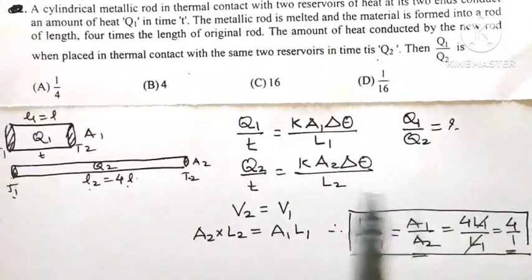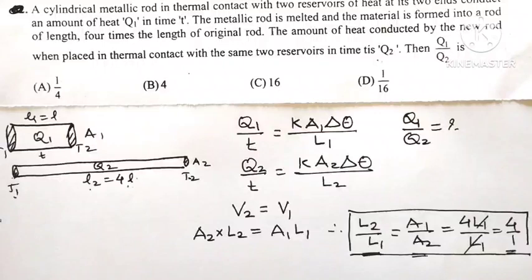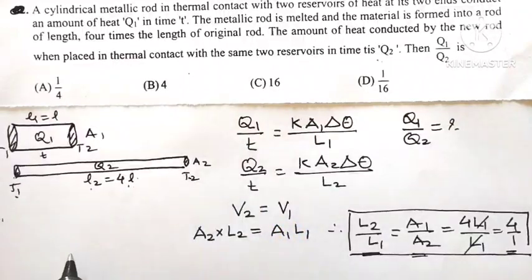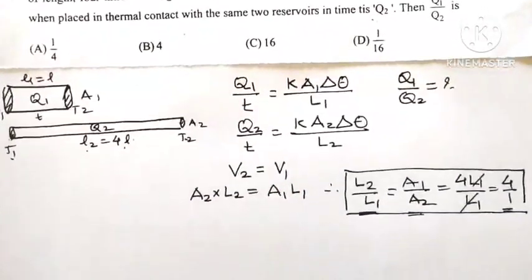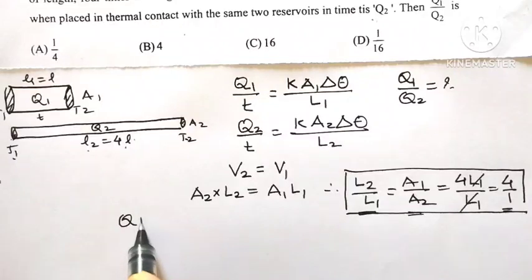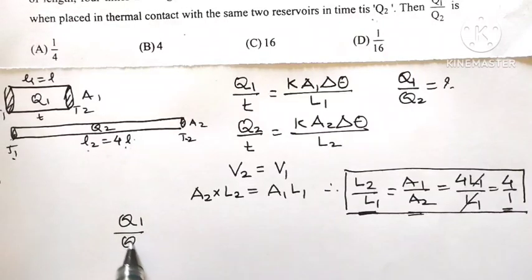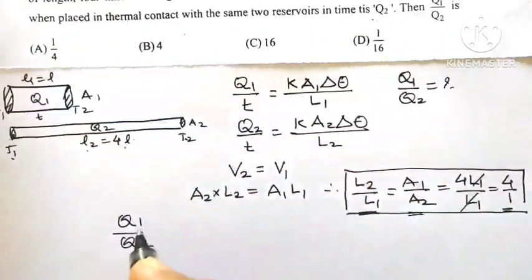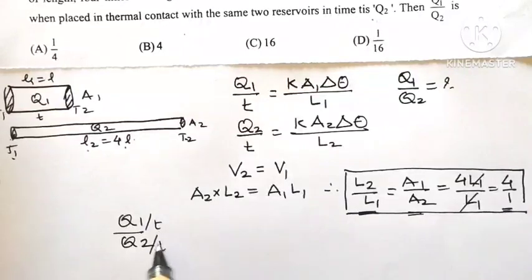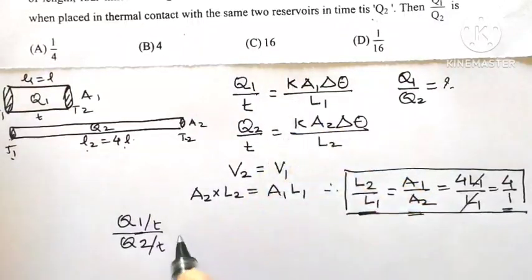Now we want to find Q1 divided by Q2. Q1 by t upon Q2 by t: divide equation 1 by equation 2.